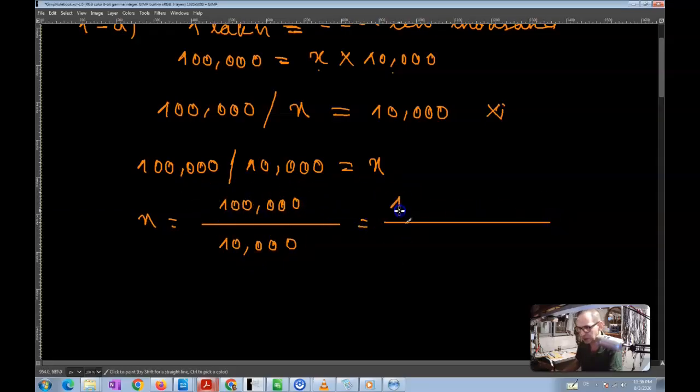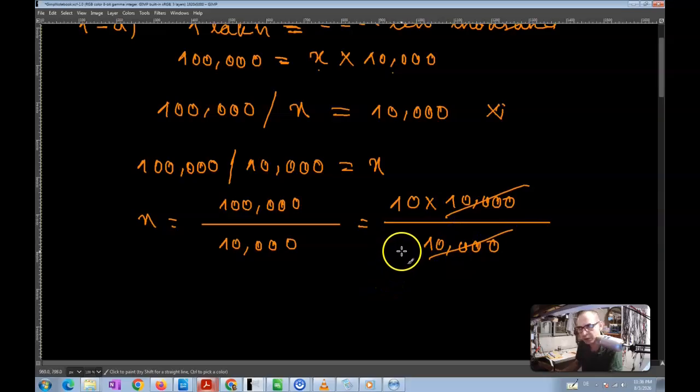Instead of 100,000, I'm going to write 10 times 10,000. And, well, I have a 10,000 in the denominator. So then the 10,000 in the numerator and the 10,000 in the denominator, I can simply cancel them out, right?